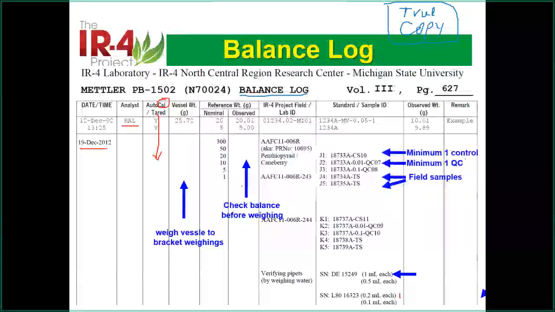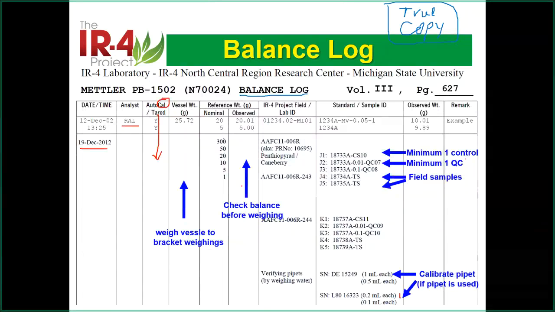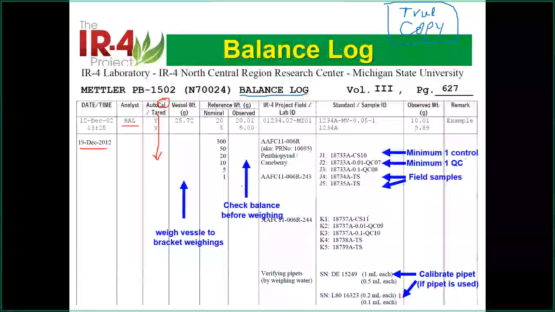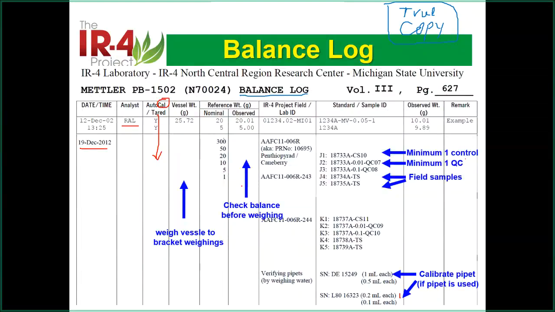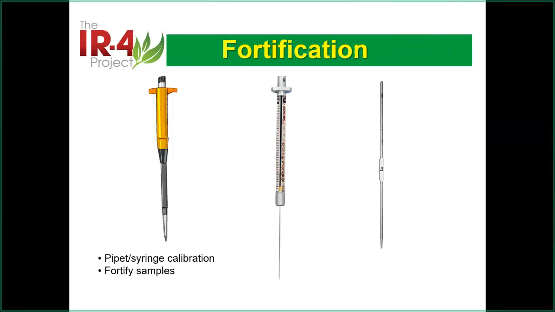Okay, and you have to verify your micropipette for the spiking and for other work. Sometimes when you do the SPE, DSPE, sometimes this is necessary. So we talk about spike. This is the spike. You can use all kinds of analytical tools to do the work.